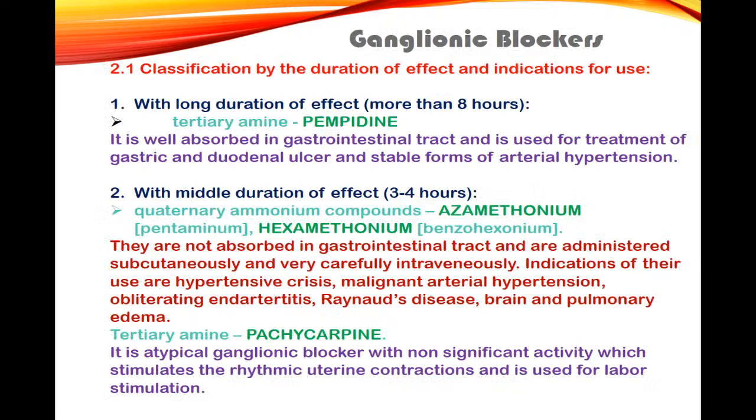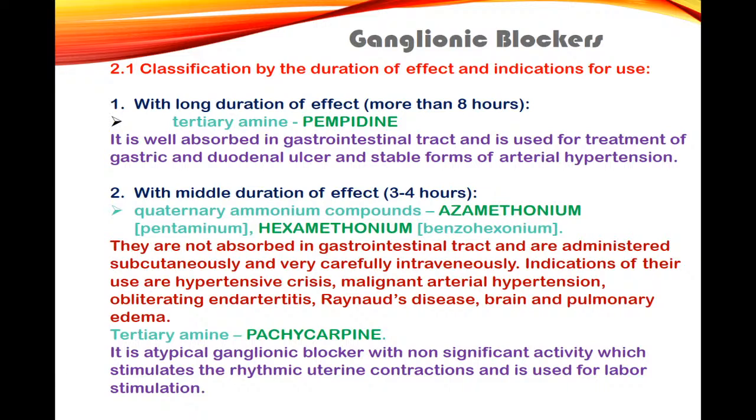By duration of effect, we distinguish three groups. First, with long action duration, more than 8 hours: the tertiary amine pempidine. This agent is well absorbed in the GIT and can be used for resorptive action.